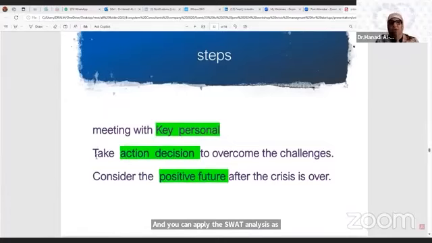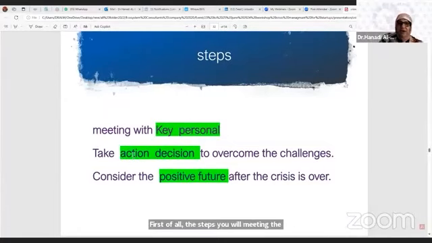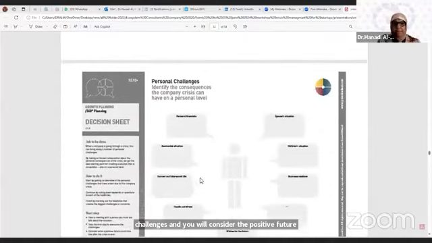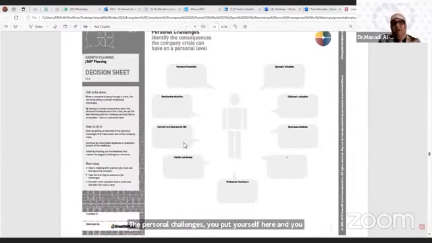First of all, the steps: you meet the key personnel, you take actions to overcome all challenges, and you consider the positive future after the crisis is over. The personal challenges: you put yourself here and you try to list or identify all the personal challenges.